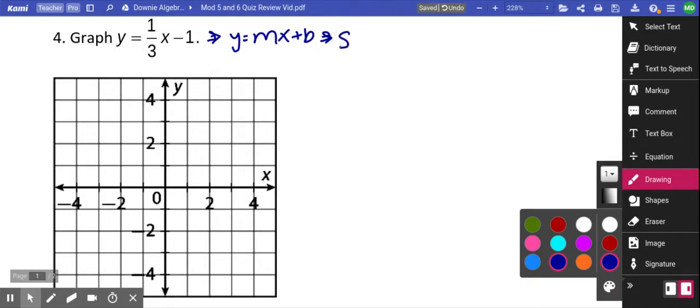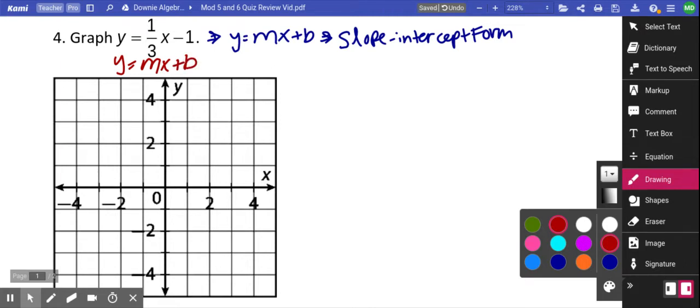This is called our slope-intercept form.